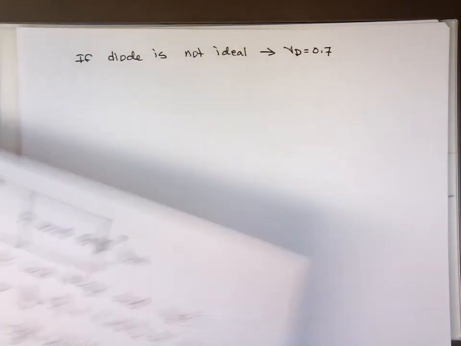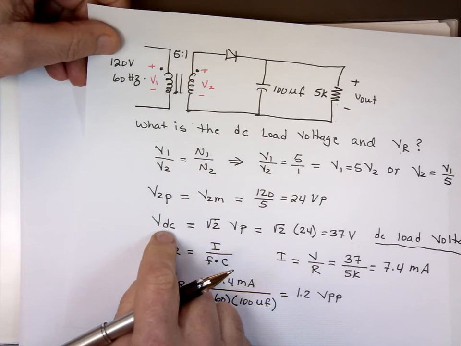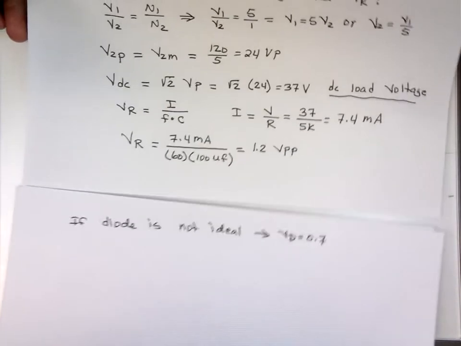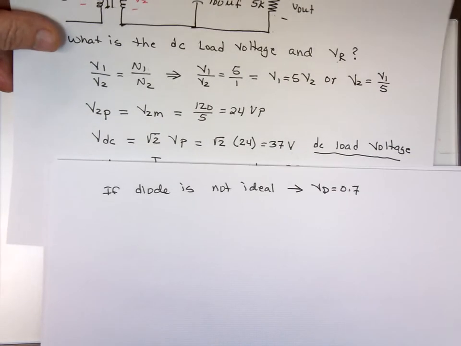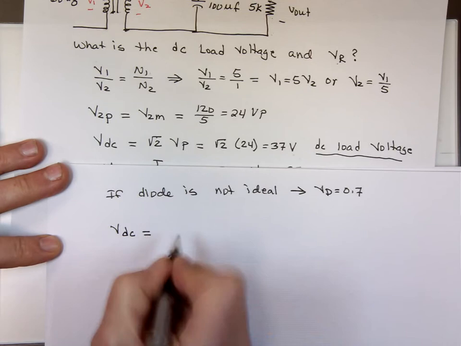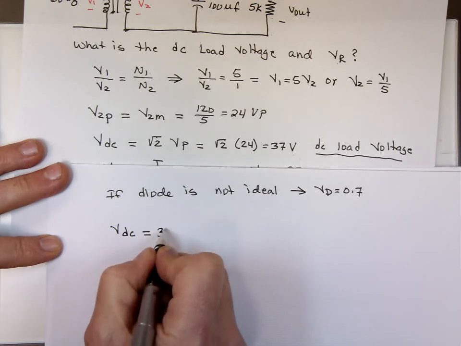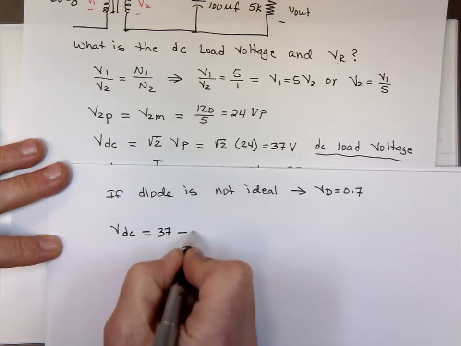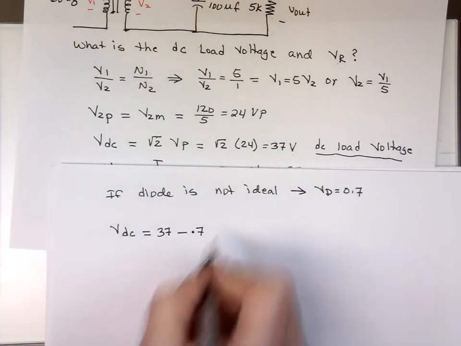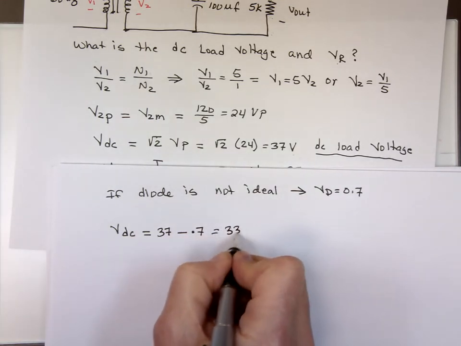So going back to this one, that means the DC voltage VDC now becomes 37 minus 0.7. Again, if I carry the real number, that'll be 33.3 volts.